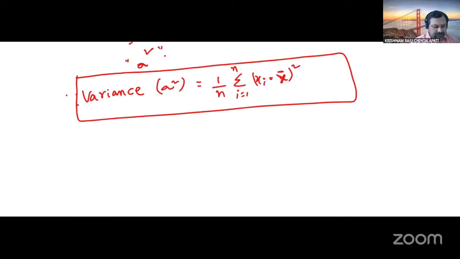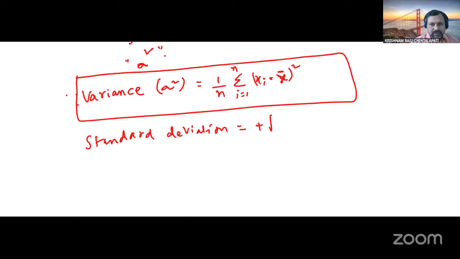Standard deviation is nothing but the positive square root of variance.